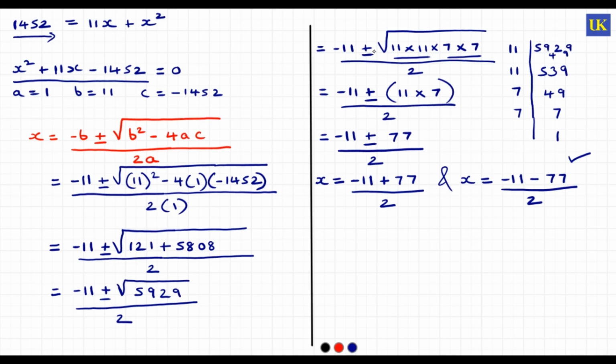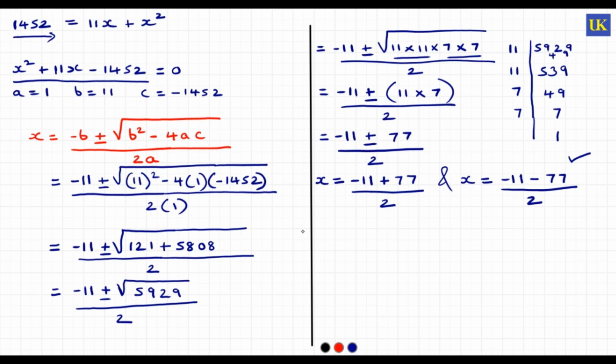We need to take the numbers one time with plus and one time with the minus sign. That is why we are taking it once with plus and once with minus.